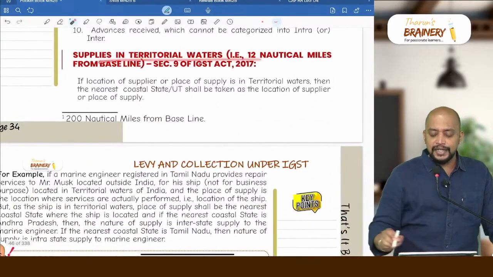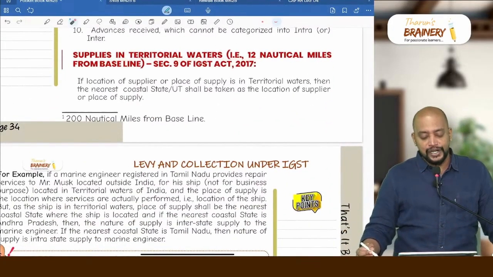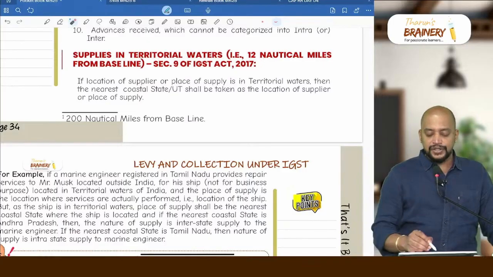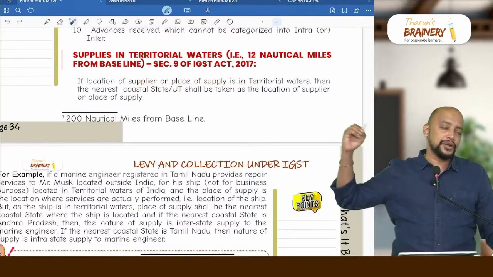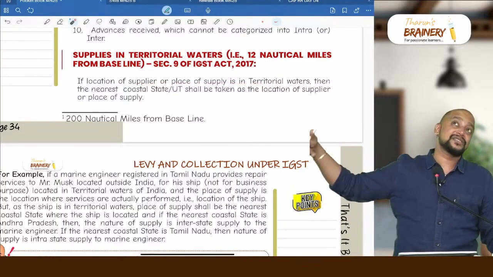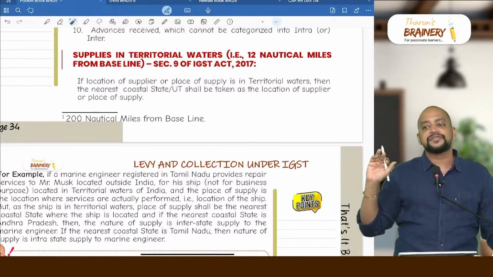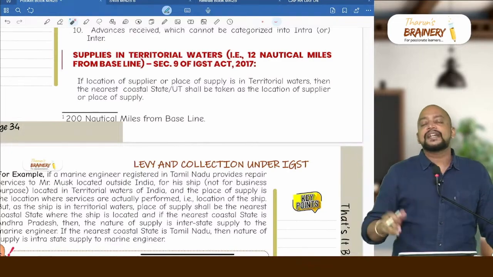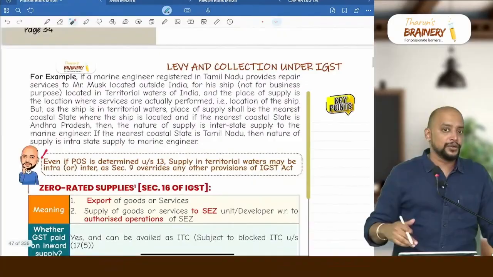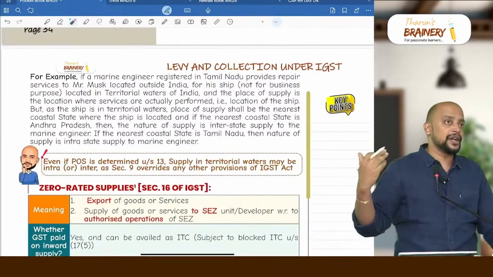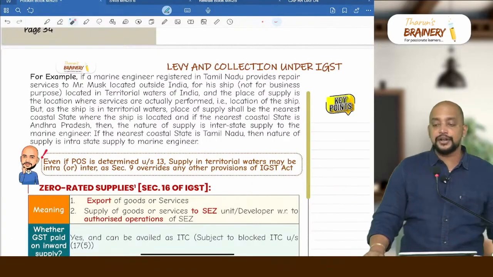Then supply in territorial waters, that is up to 12 nautical miles from the baseline. If the location of supplier or place of supply is in territorial waters, we need to see the nearest coastal state as the location of supplier or the place of supply. For example, there is a marine engineer in Tamil Nadu who is providing services to a foreign ship which is located in the territorial waters.